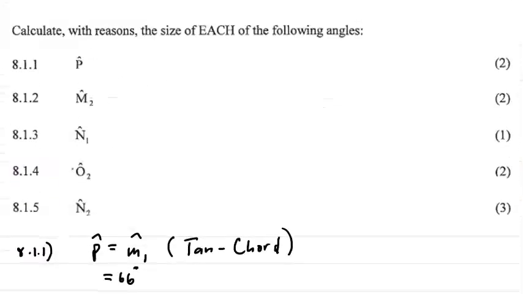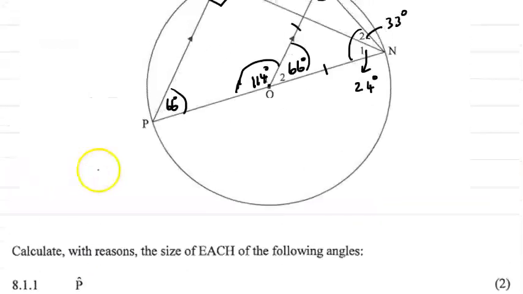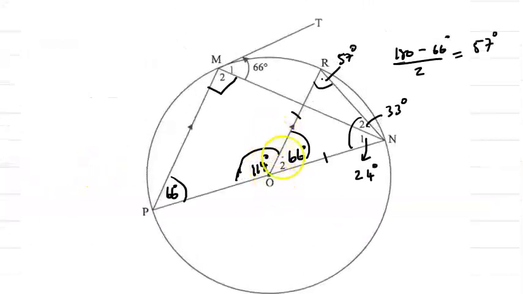8.1.4 is O2. Let's look at that very carefully. So O2 is going to equal MPN, which is 66 degrees, and that's corresponding angles. That is because we were given that MP is parallel to OR.